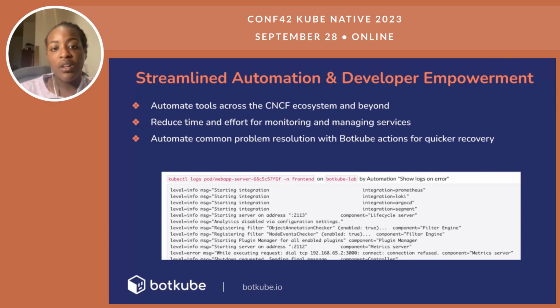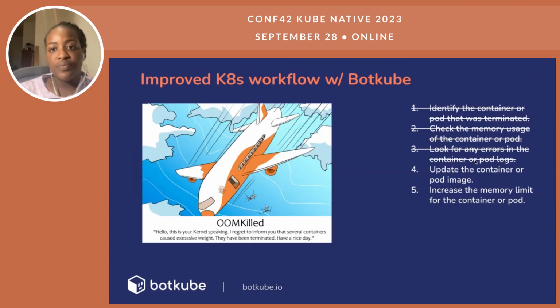You're able to work with different tools across the cloud native landscape. You can use this with Prometheus, Argo CD, Flux CD, and many more. And you can reduce your time in your troubleshooting workflow. Here is a new improved Kubernetes troubleshooting workflow with Botkube.